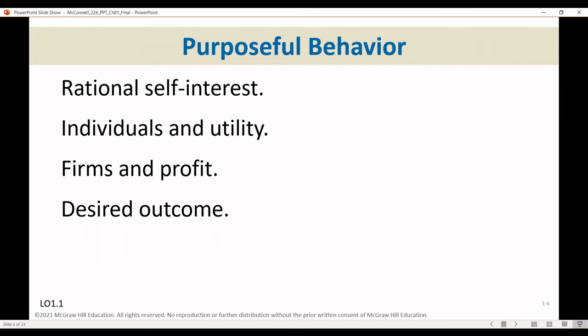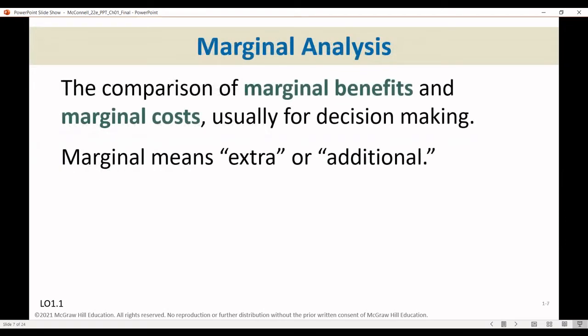So you have a desired outcome in mind, and based on that, you use the scarce resources to help you achieve that particular goal. So marginal analysis, which I already alluded to earlier, is to compare the marginal benefit and the marginal cost to decide if a particular activity is worth doing, right?